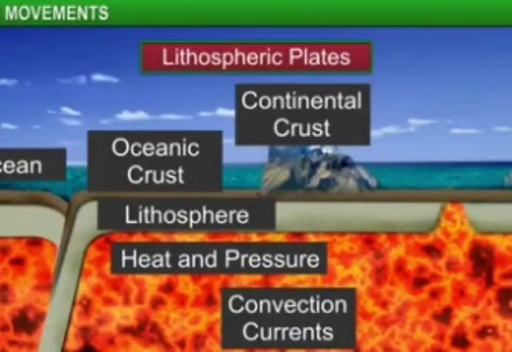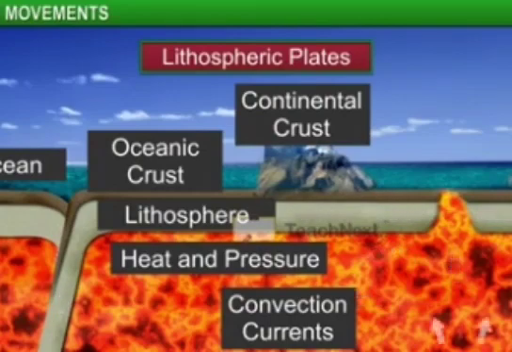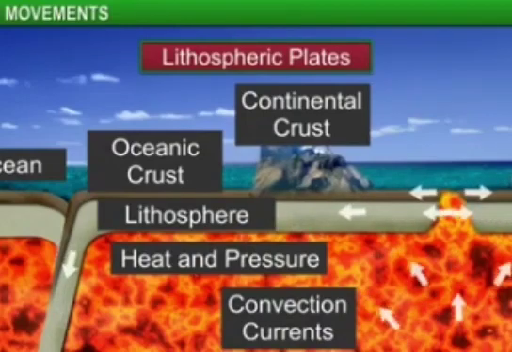The movement of the mantle inside the Earth's surface follows a similar pattern. This leads to the movements of the tectonic plates and changes on the surface of the Earth.